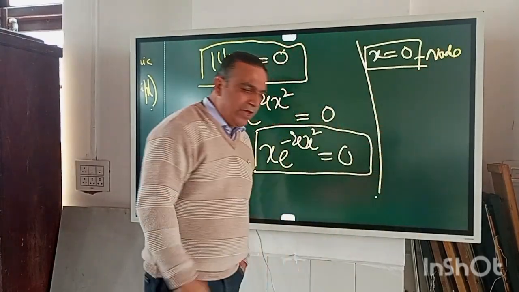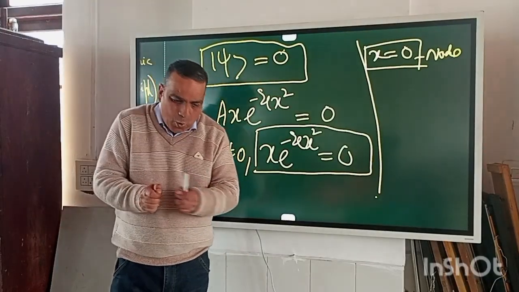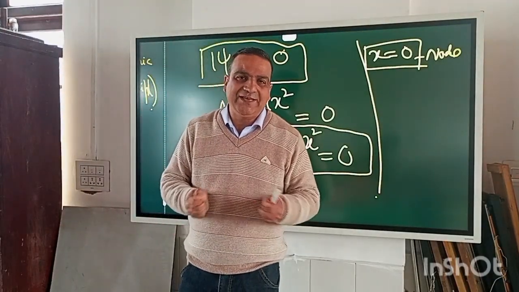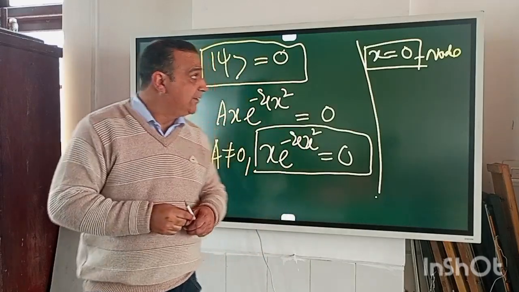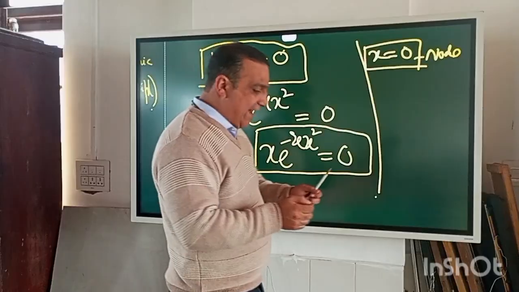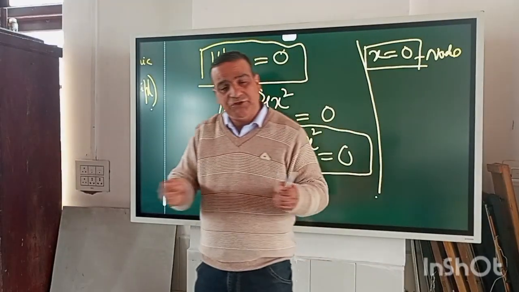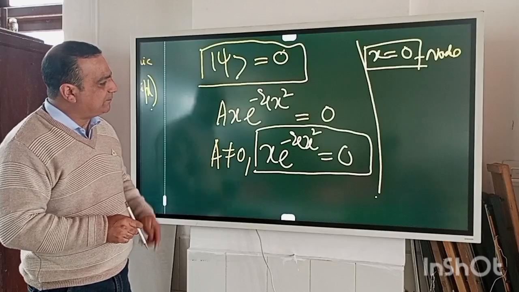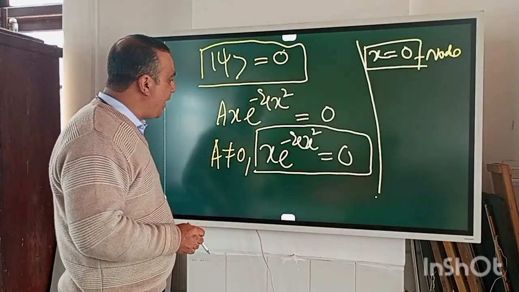So what's a node? A node is a point in a vector space where the amplitude of the state vector is 0. The opposite of the node is an antinode. An antinode is a position where the amplitude of the state vector is maximum. So this is one point.